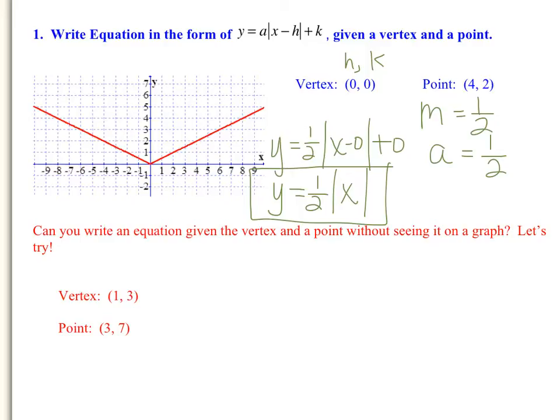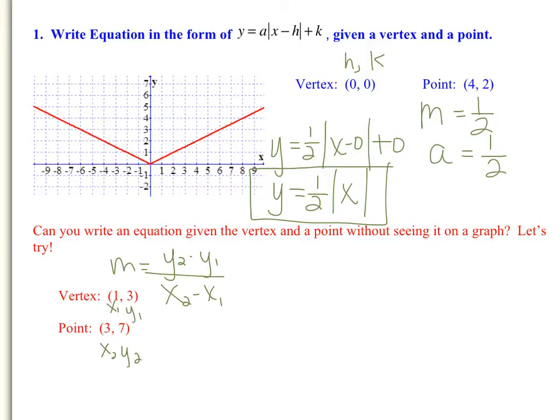Now, I don't know if you remember this, but it is the second y minus the first y, or we would say y2 minus y1 over x2 minus x1. That's how you can find the slope. So, the point can be our second x and y. We'll call it x2 and y2. And for the purposes of finding slope, we'll call the vertex our x1 and y1.